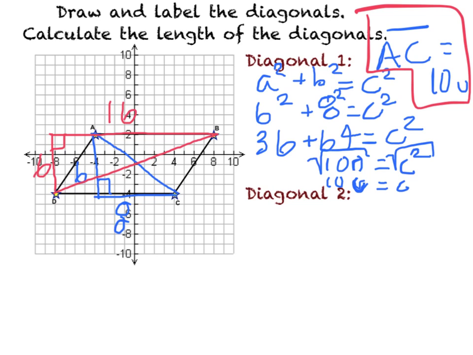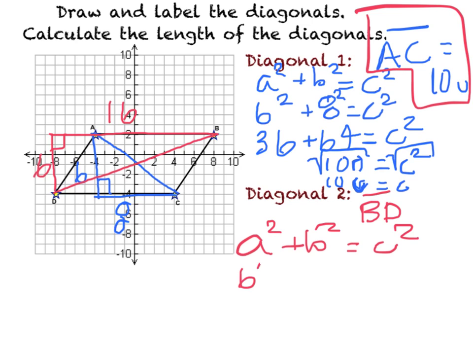So again, I'm going to go over diagonal BD. I'm going to calculate that by going, again, a squared plus b squared equals c squared. So I'm going to get 6 squared plus 16 squared equals c squared.